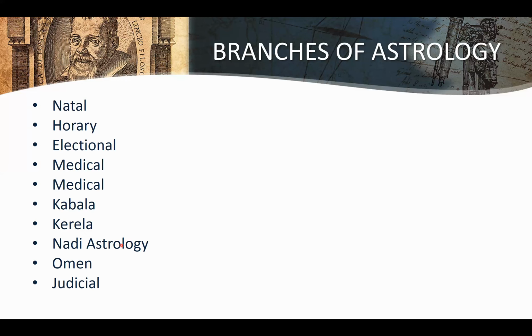Judicial astrology. It's a branch of astrological science which gives knowledge to forecast important events which a country will pass through. That is, sometimes it is war, earthquakes, financial crisis, population growth, fire, accident.